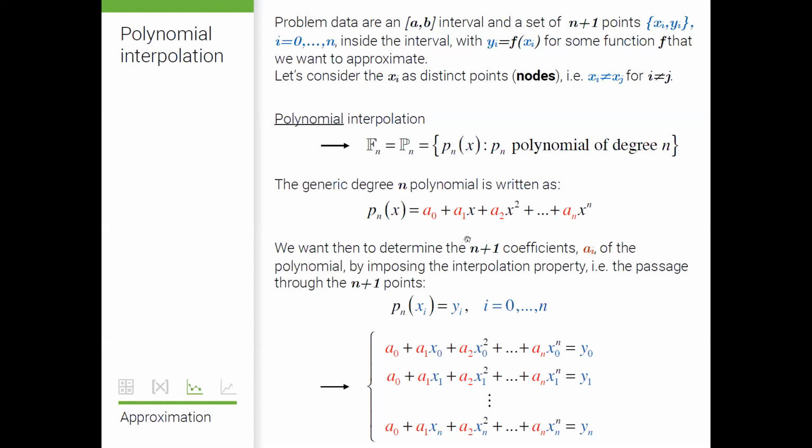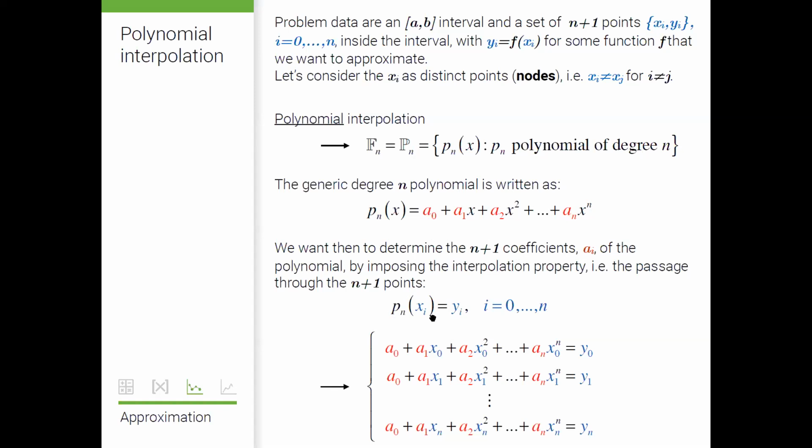So here we have how many coefficients? a0, a1, a2, etc., an. Here we have n plus 1 coefficients. So we need to find these coefficients ai, where i changes from 0 till n, for the n plus 1 nodes and evaluation points, and it satisfies the equation Pn of xi equals yi.